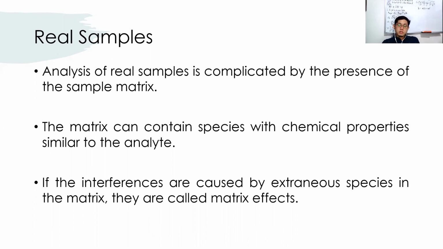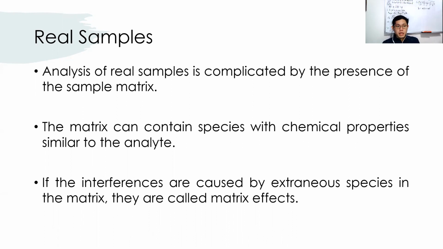So, again, dun sa example ng PCR, pagka nag-amplify ka ng DNA or RNA, kapag meron kang extraneous species in the matrix, example nito is inhibitors. It's possible that they will inhibit the replication process.